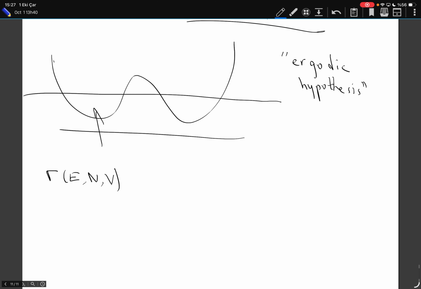Let me define this function gamma, which will be proportional, well, the precise definition of this is the number of microstates having energy less than or equal to E. Not equal to E, you see. Omega was the number of microstates having energy equal to E, but this is the number of microstates having energy less than or equal to E.